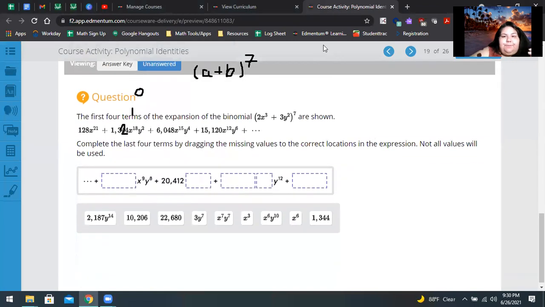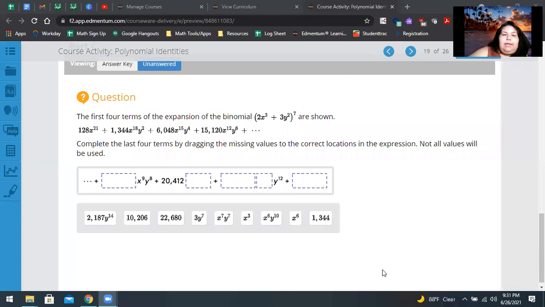Moving into part C. They actually gave us the first 4 terms of the expansion of the binomial 2x cubed plus 3y squared raised to the seventh power. You can use the binomial theorem with the rth term, which could be a little bit time consuming, but we can use the knowledge we have to find each of the rest of the terms.